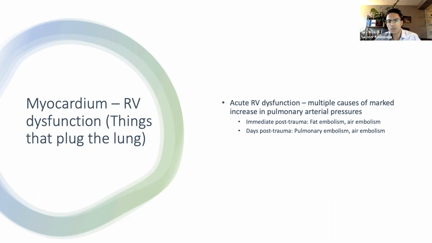In the days after the initial resuscitation, when patients are very high risk for pulmonary embolism because of impaired mobility and coagulopathy, we should be thinking about pulmonary embolism as a potential cause for RV dysfunction, and air embolism can also occur from iatrogenesis in this phase.